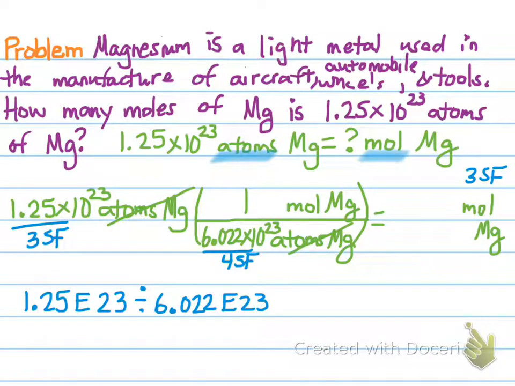So I need to write the answer that my calculator gives me, but I need to write it with only 3 significant figures. So you probably should write it as 0.208 moles of magnesium.